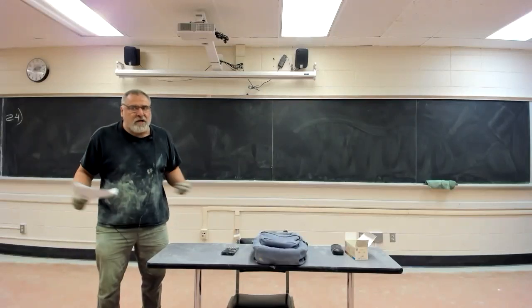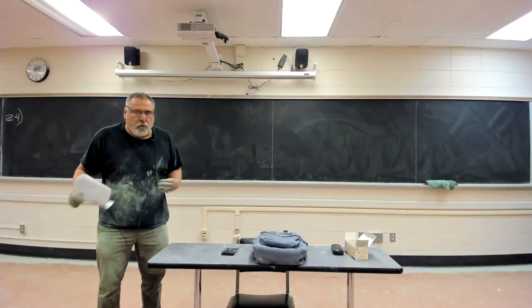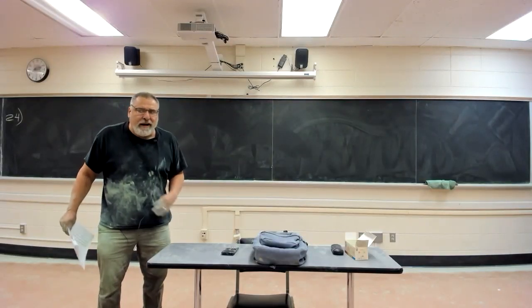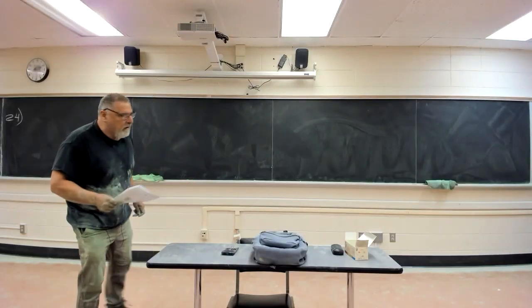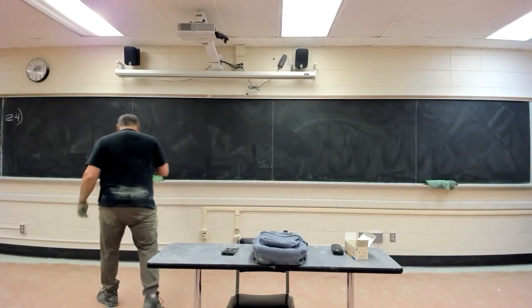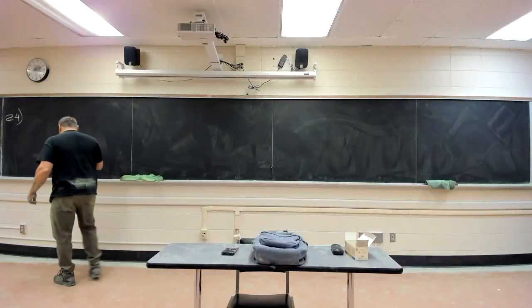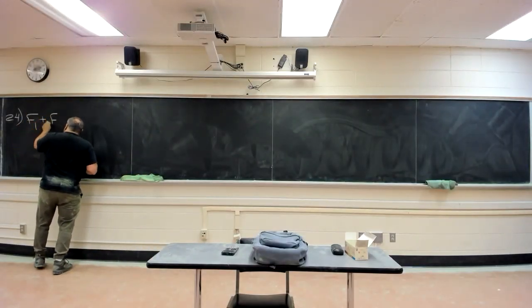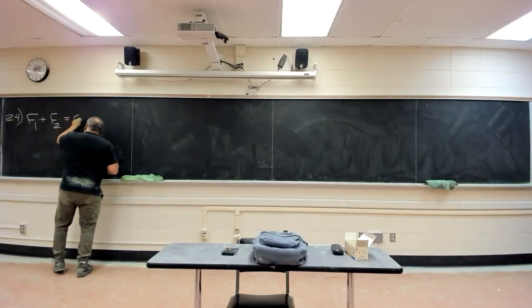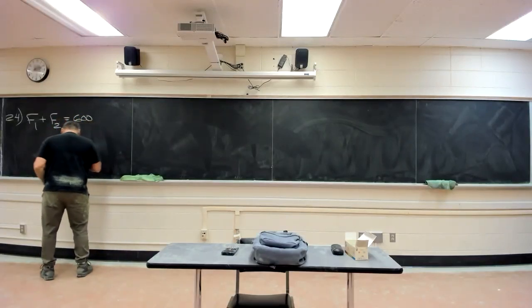If they're talking about something else and all those numbers were as they were, the numerical answers would be right. We just got to watch out for the units. Same thing with this here. They want to talk about kilograms, then we'll call them kilograms. We got F1 plus F2, and if you add them together, you got the 600 kilograms that they're talking about.